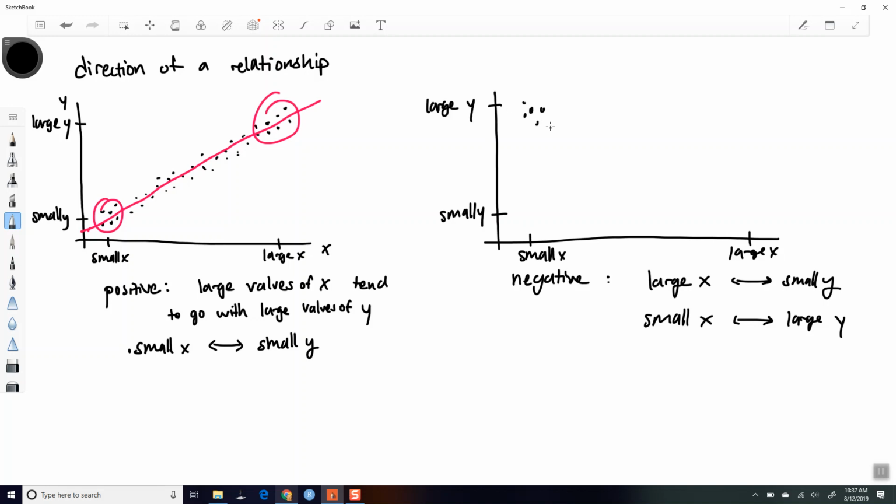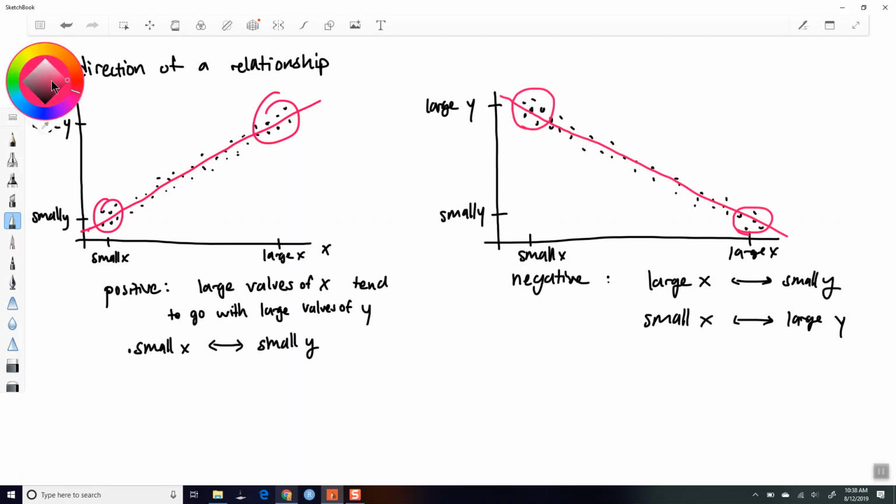Small x goes with large y, and large x goes with small y, and your relationship looks something like this. The overall trend goes that way, the direction there.